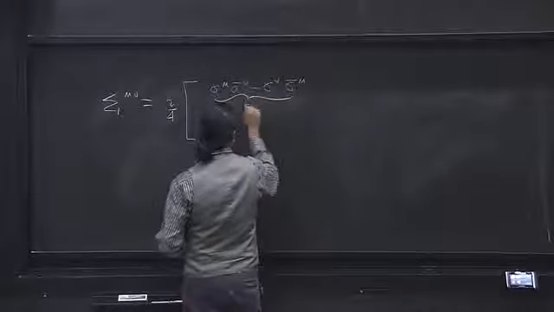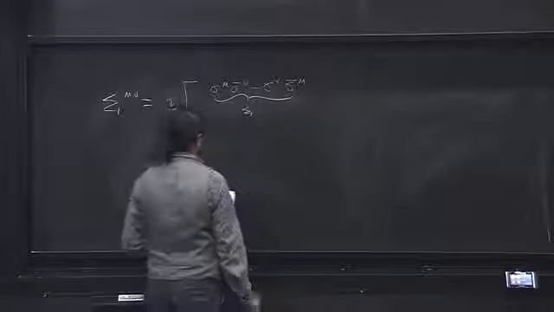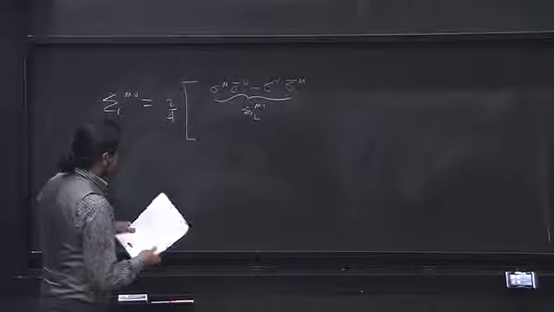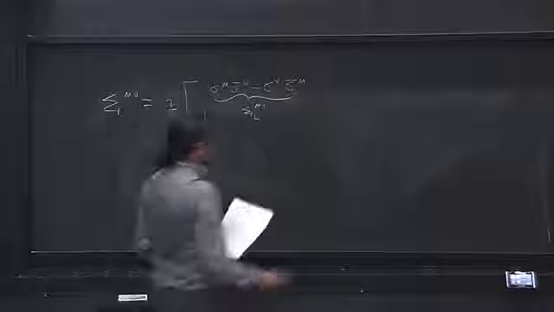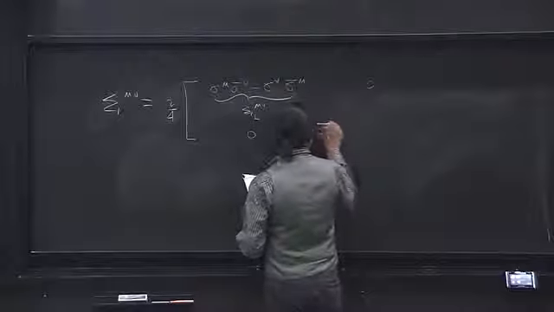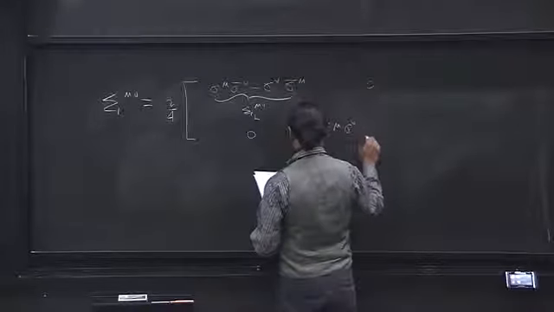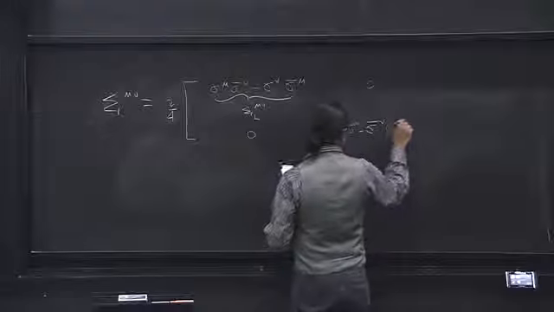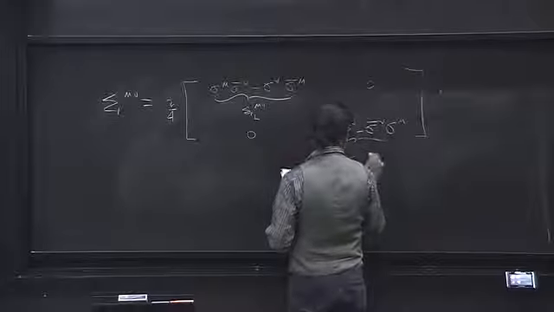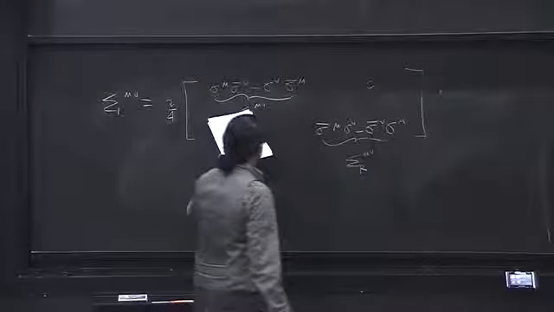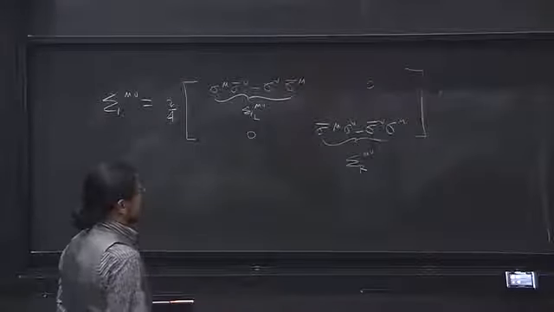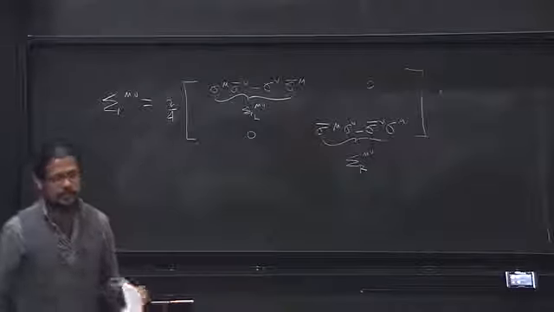So this is what we can call the generator of the left, and this we can call the generators of the right. You can show that these also form the Lorentz algebra, but it's actually not a, what's the technical term? Not a faithful representation of the Lorentz algebra.